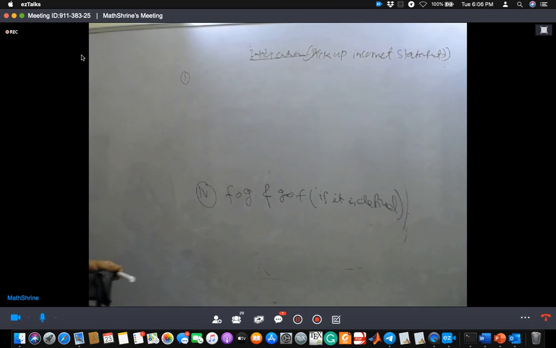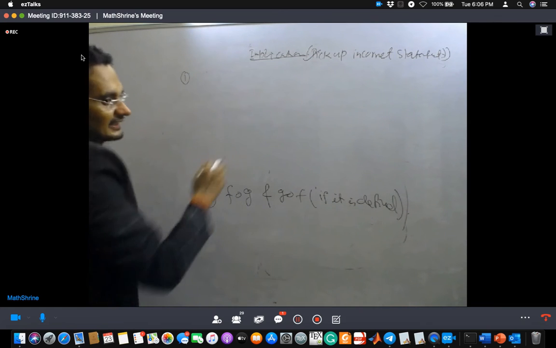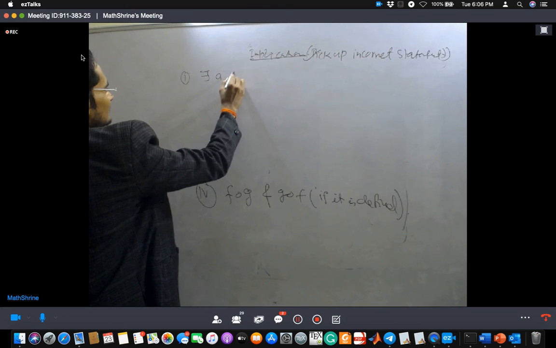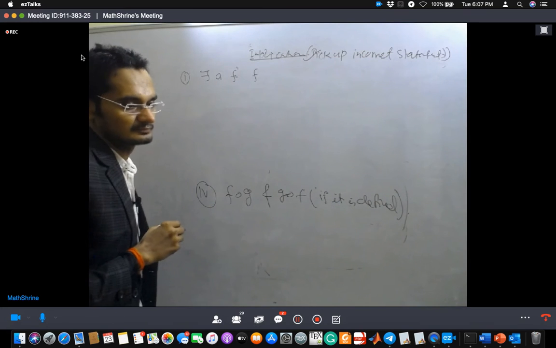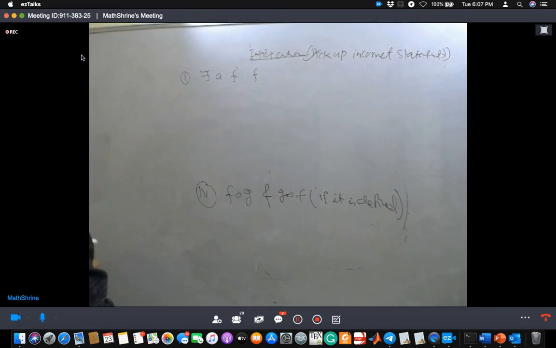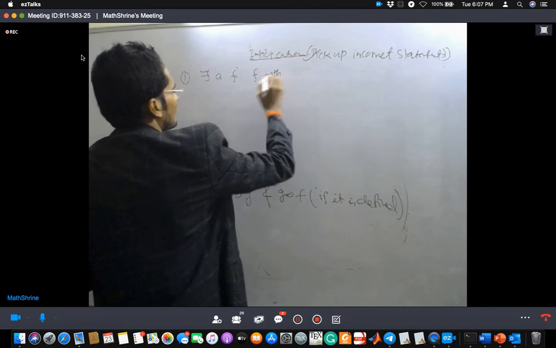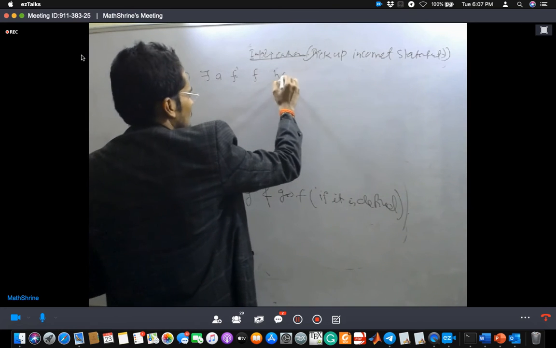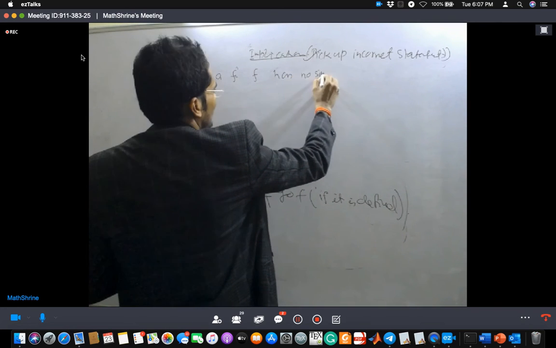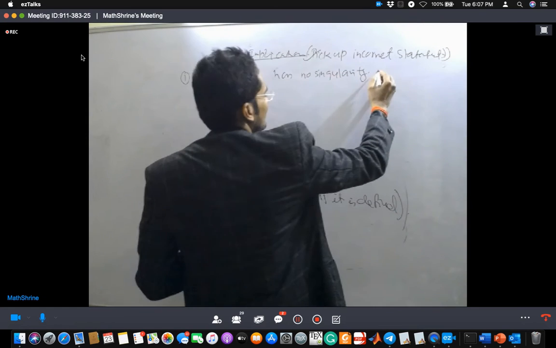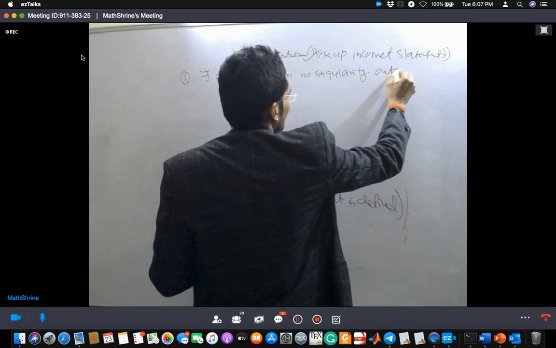There exists a function f that has no singularity outside of the radius of convergence.